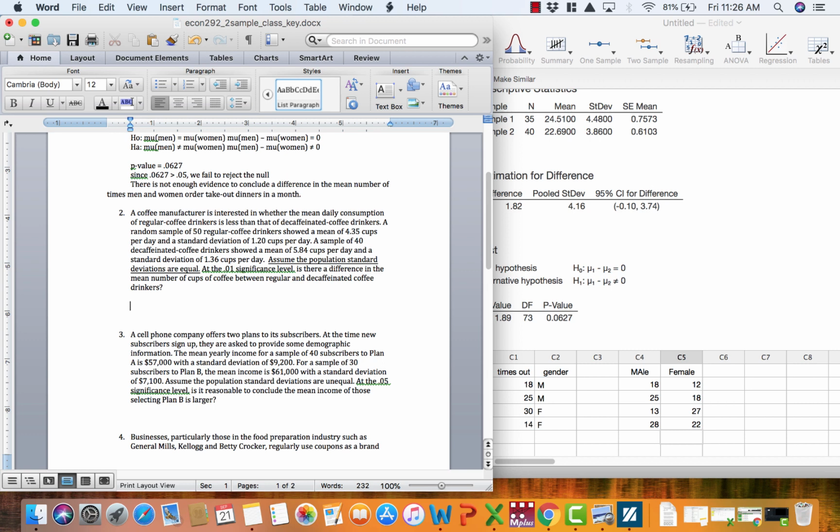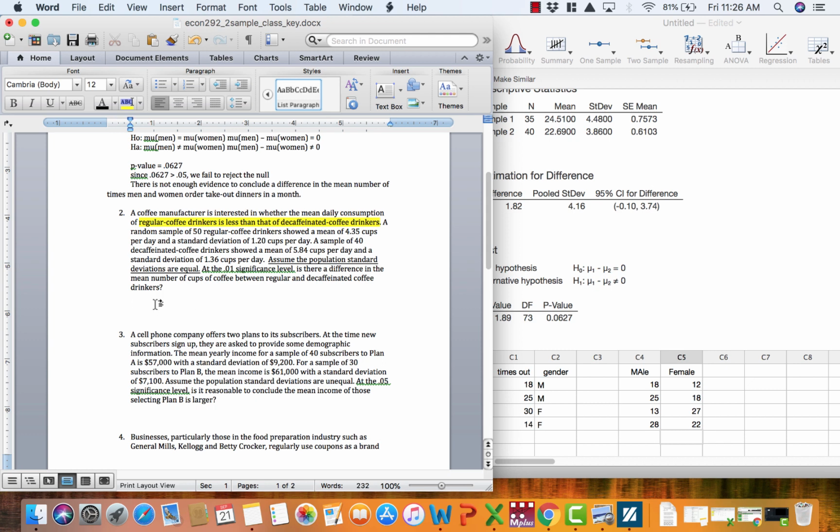All right? So the claim is that regular coffee drinkers drink less than decaf on average. So that's kind of our claim here. Regular coffee drinkers drink less than that of decaf.